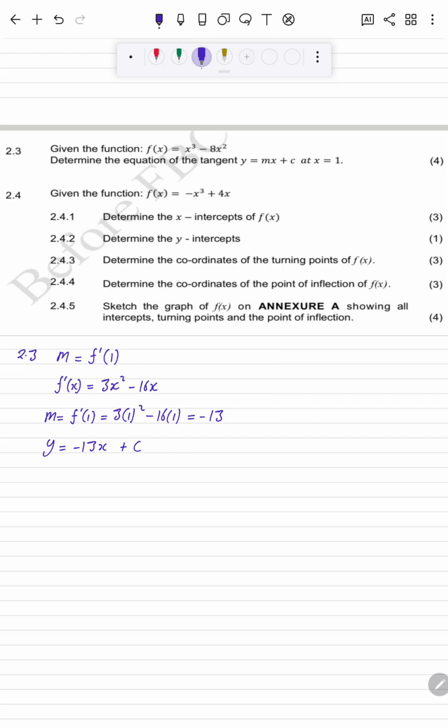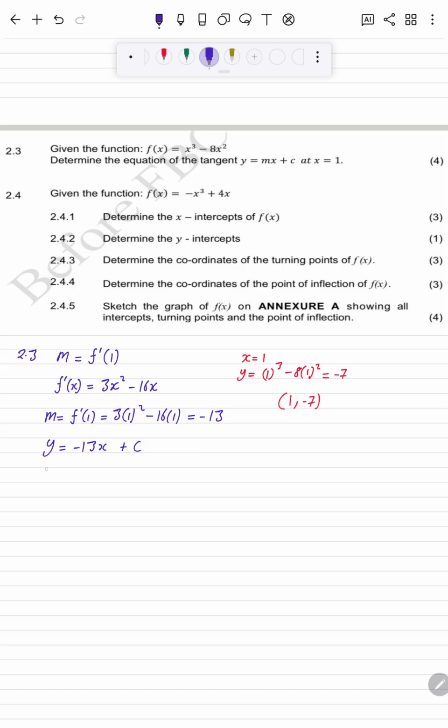For you to get c, you simply need to know another point on the function, but they've given us the value of x. So the value of x is equal to 1. So you're going to find the corresponding value of y by replacing x by 1 in the original function. And this is going to give us minus 7. So we have a point at 1 and minus 7.